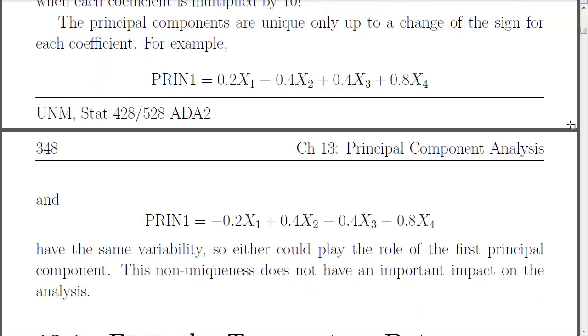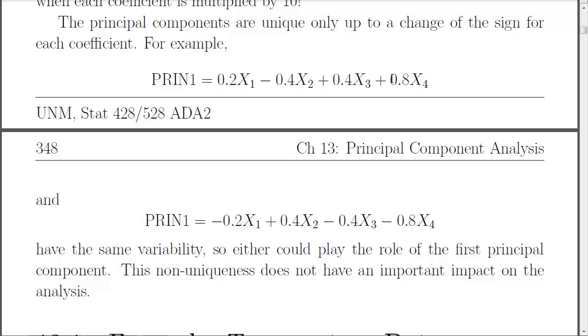One of the last comments here is that principal components are unique only up to a change of sign for each coefficient. Here's one example of principal component 1. We've got these coefficients, a positive 0.2, a negative 0.4, a positive 0.4, and a positive 0.8. And this specifies a direction.